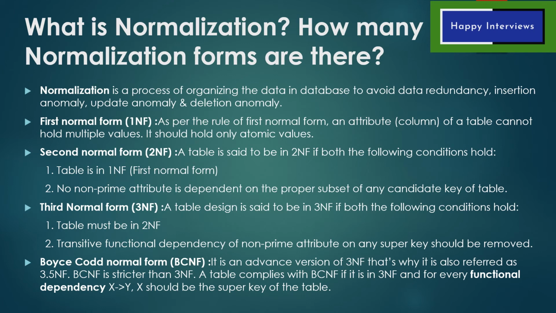And there is some column in the same table, like department name, which is dependent only on department ID, not on student ID. So only a subset of the primary key dependency is present there.